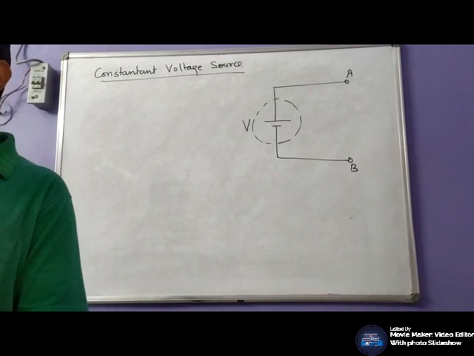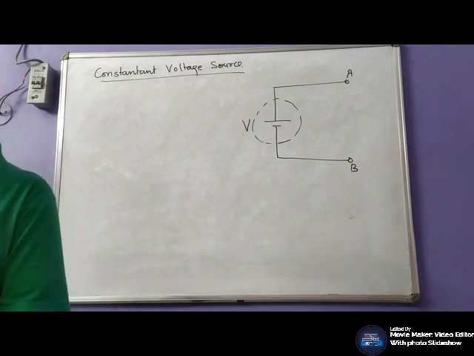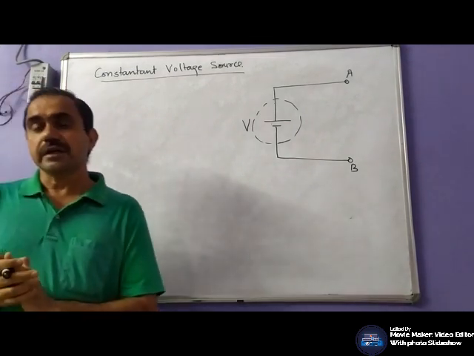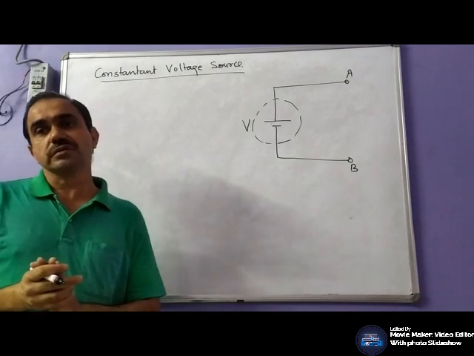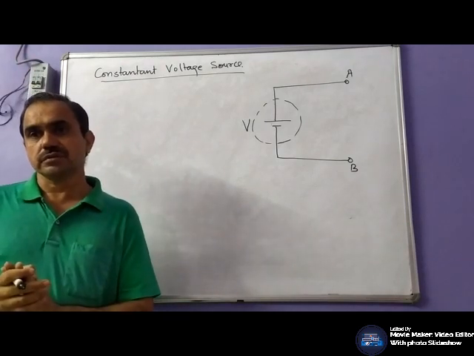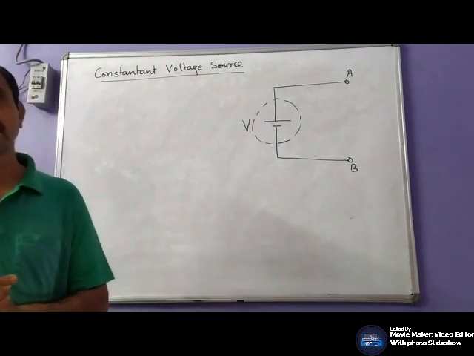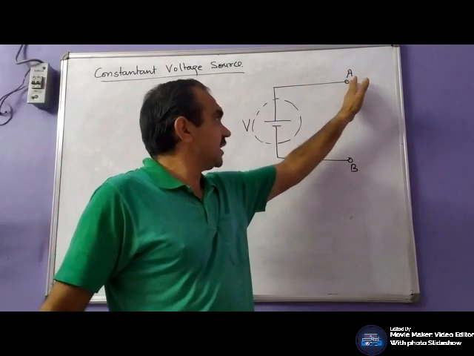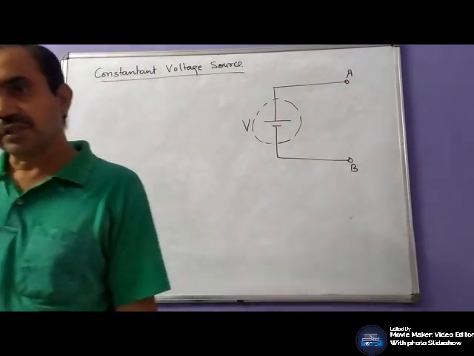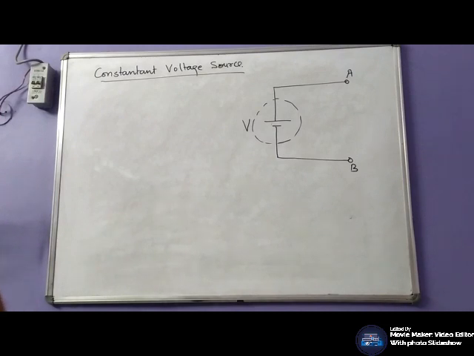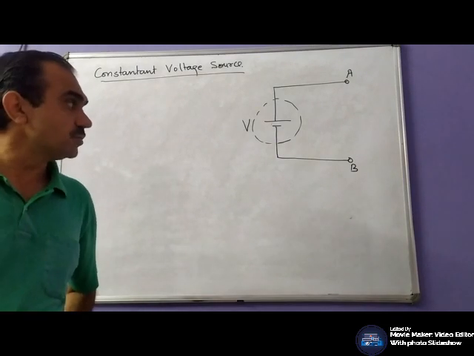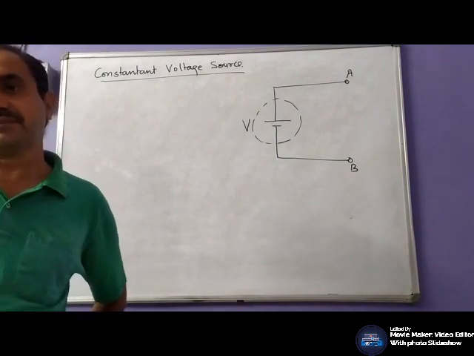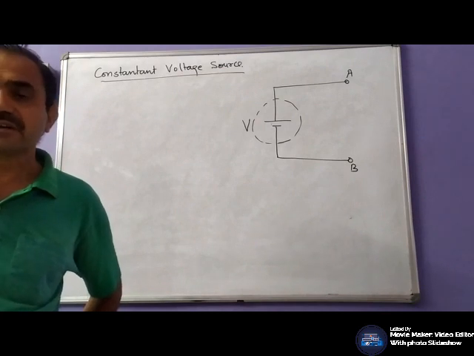But is it possible to have an ideal voltage source? For example, you place a short circuit across it. You have zero resistance across terminal A and B. What would be the current?